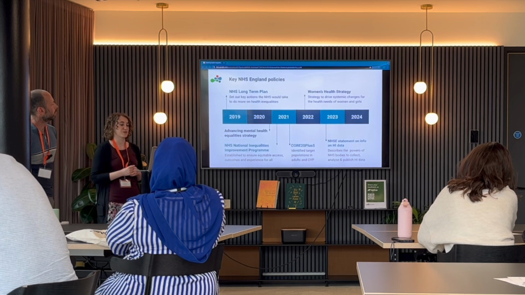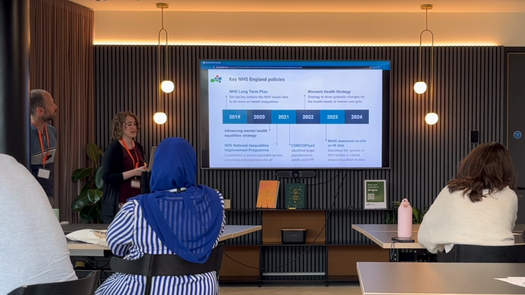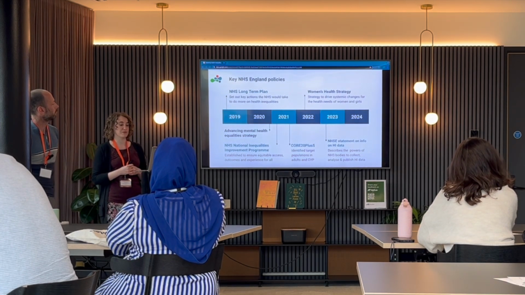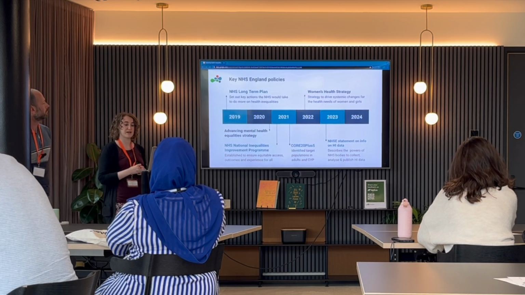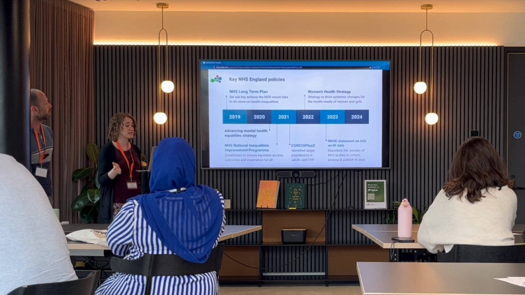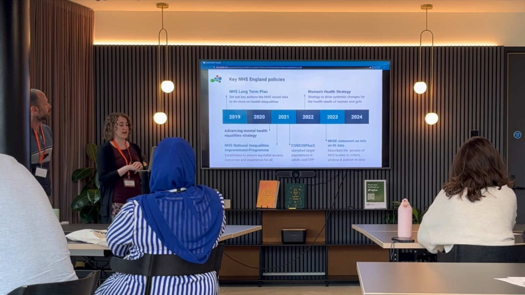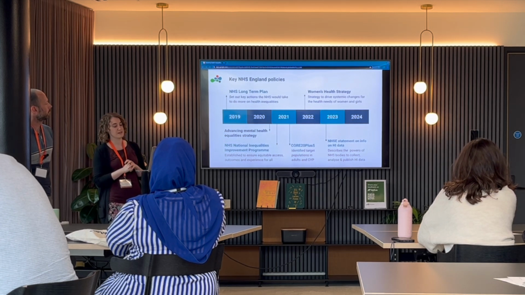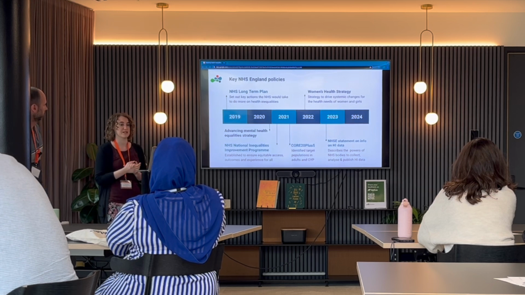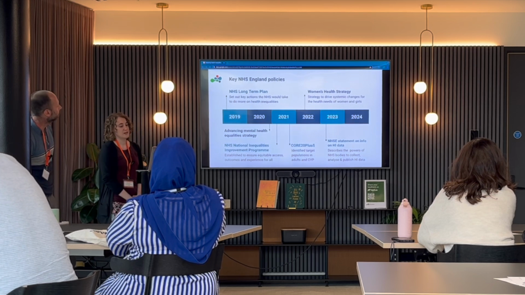Later in that year, there was the Core 20+5, a national NHS England approach to inform action to reduce healthcare inequalities at both national and system levels. The approach defined a target population, the Core 20+, and identified 5 focused clinical areas requiring accelerated improvement, which I'll talk about a little bit later in the next slide.